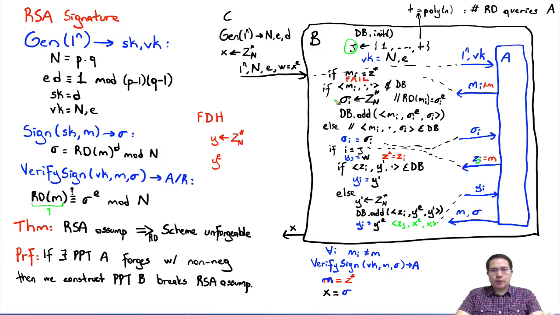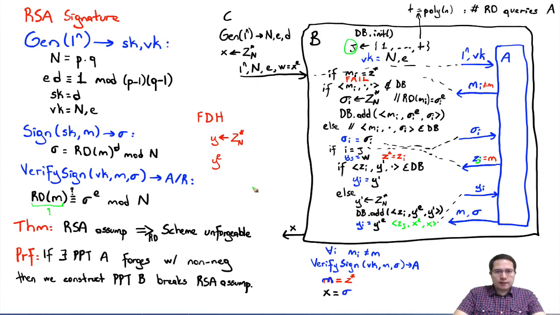Why? Because if B guessed the value of J correctly, Zj is indeed M. In return to its random oracle query, we return x to the e. M is never queried to the signing oracle, so B never fails if the guess of J was correct. And then when the adversary outputs a signature sigma on M that is valid, then we know that sigma must be equal to x, so we win. So if the guess of J was correct, whenever A wins, B wins.